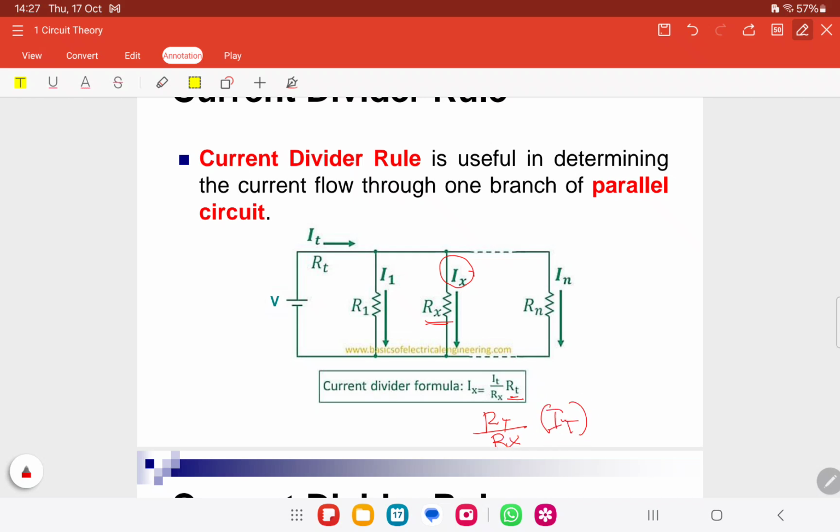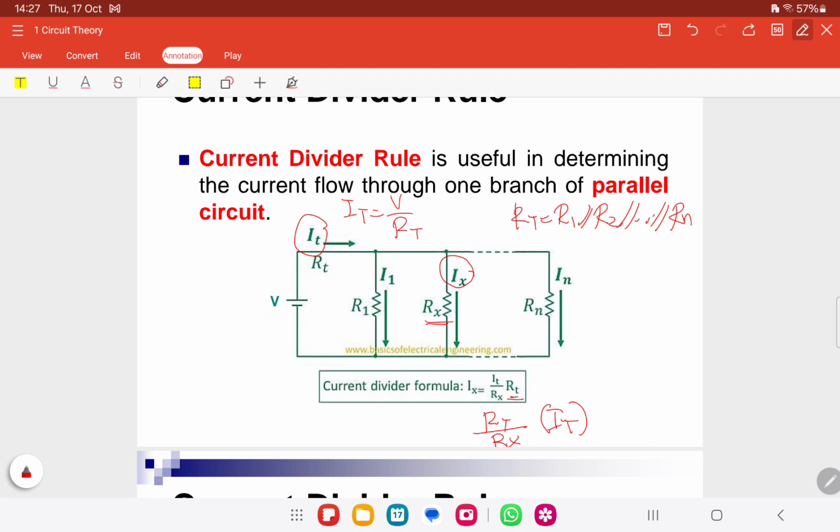How to get the I total? What is the formula to get the I total? I total equals to V over R total. So how to get the R total? Parallel all the resistors. R total equals to R1 parallel R2 parallel up to Rn.